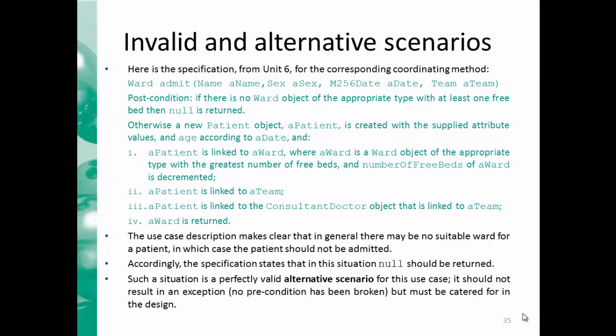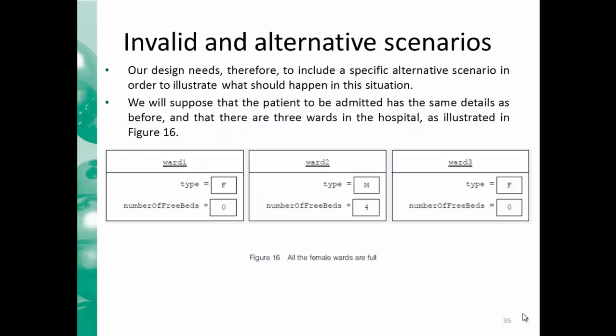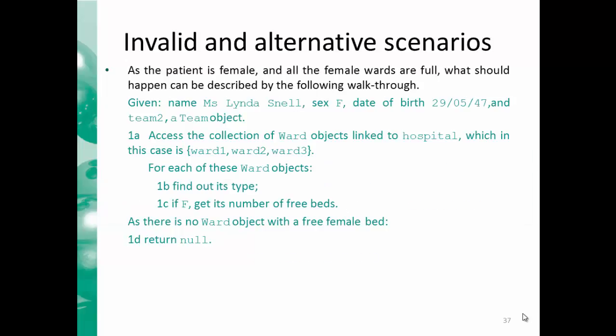If you want to admit a patient to the hospital, either you have a place for the patient or you have no place for the patient. Both are alternative scenarios for the same action, admitting a patient. And we have to distinguish between these two concepts: is invalid the same as alternative? No. Invalid is a scenario that will break the rules of the conceptual model and invariants, whereas an alternative scenario follows the rules but gets negative results.